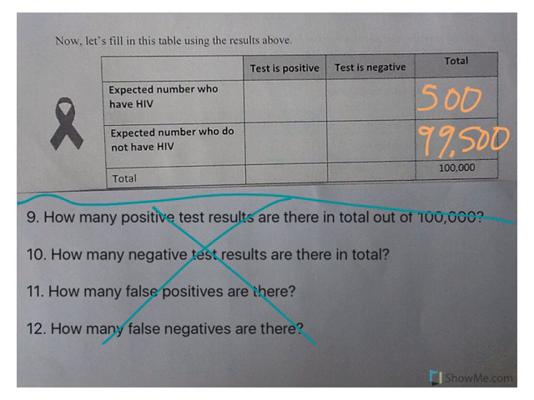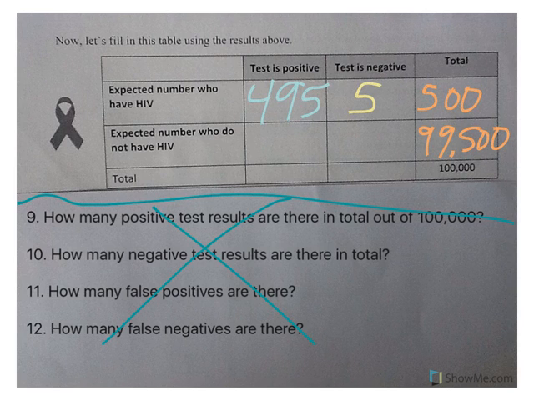Now, in the top line, if you have HIV, you would expect to test positive. So this is where the 99% times 500 came into play, which gave us an answer from number 4 of 495. If we have 500 total, 495 tested positive, then 5 tested negative.